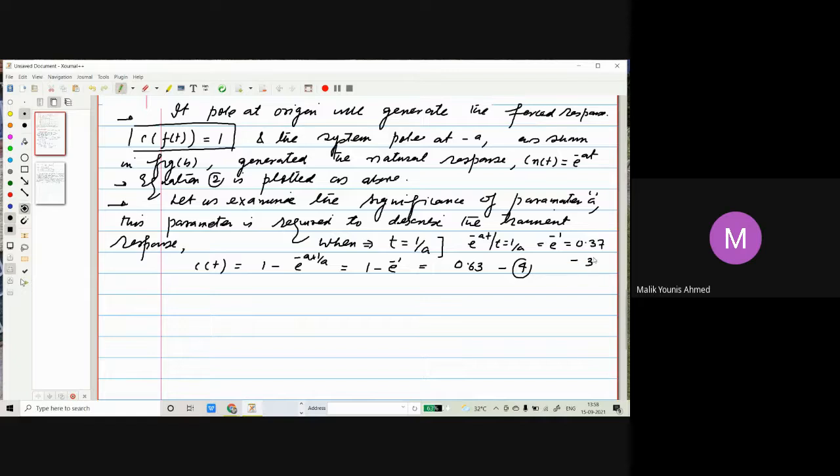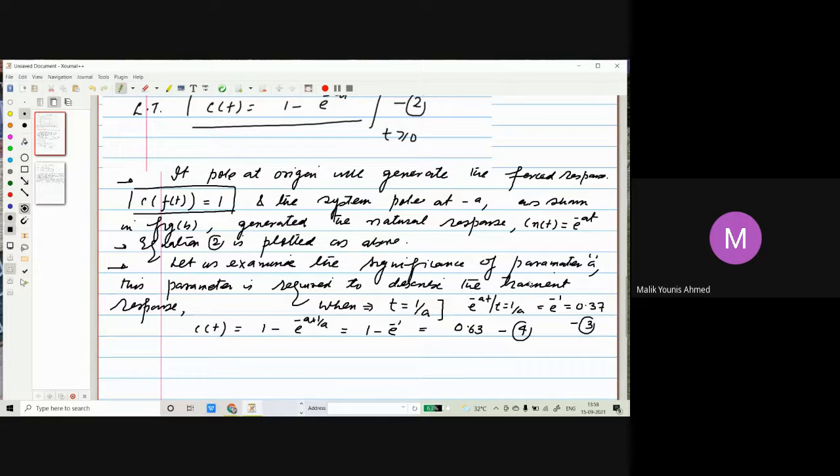Let us call it equation number 3. Now, with the help of these two equations, we can interpret the time constant, or what is happening with the response, how it is increasing or how it is decaying.